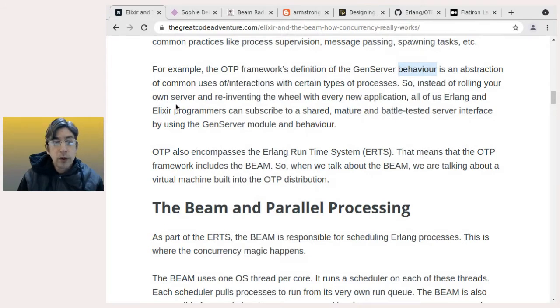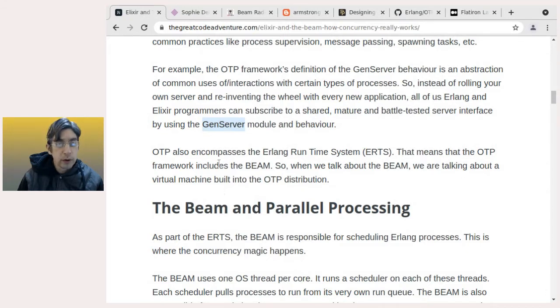So instead of rolling your own server and reinventing the wheel with every new application, all of us Erlang and Elixir programmers can subscribe to a shared, mature, and battle-tested server interface by using the GenServer module and behavior.